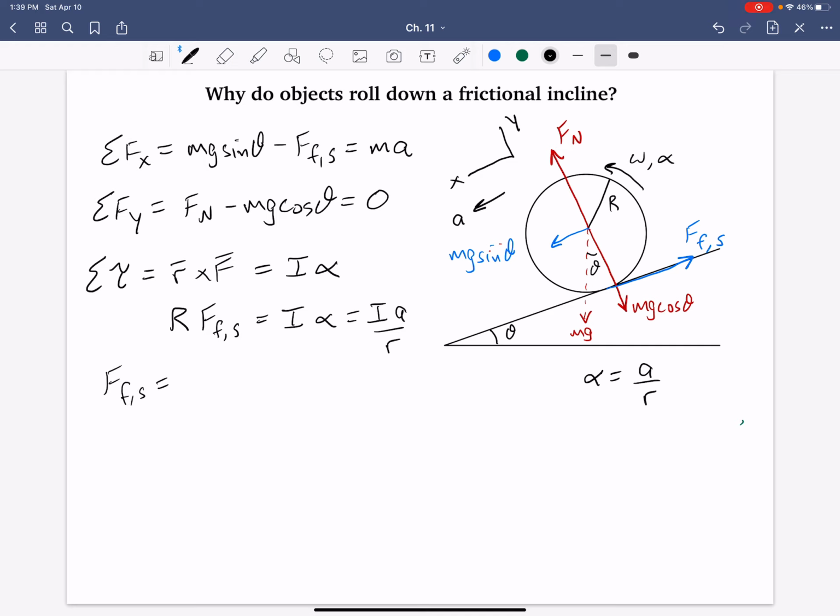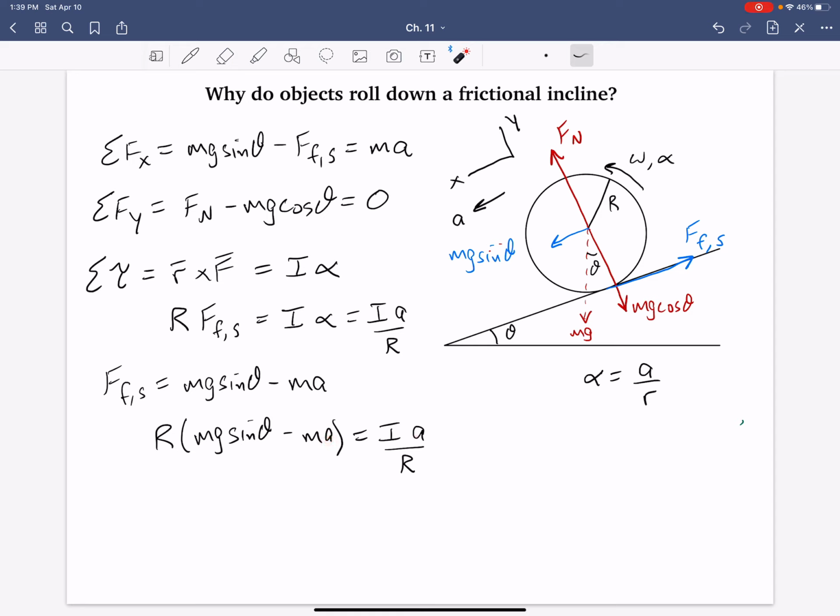Oh, I should have the same R's. Let's make that a capital R. There we go. Okay, so distributing the R, we can eventually solve for A. Combine like terms and solve for the acceleration. Let's divide both sides by R. I A over R squared now.